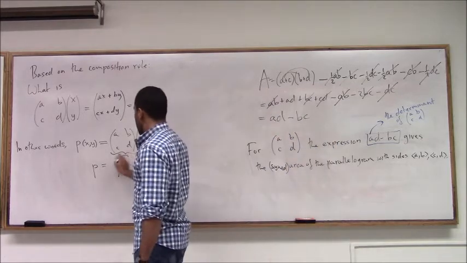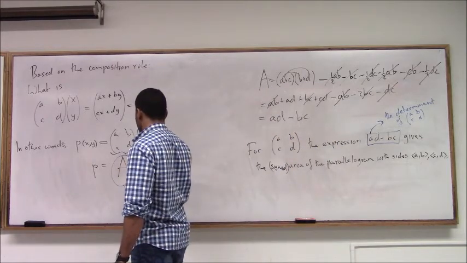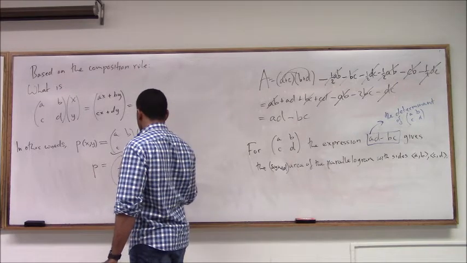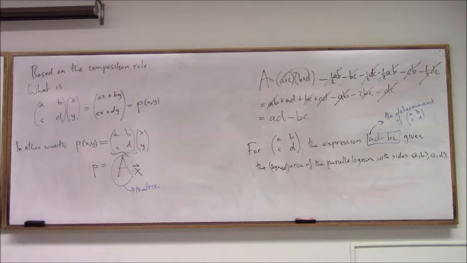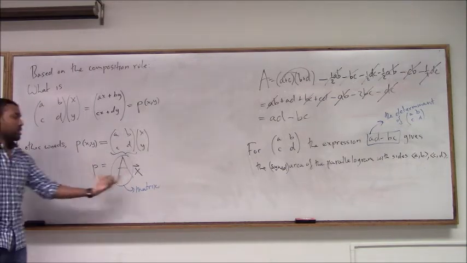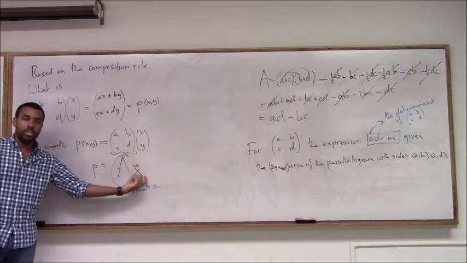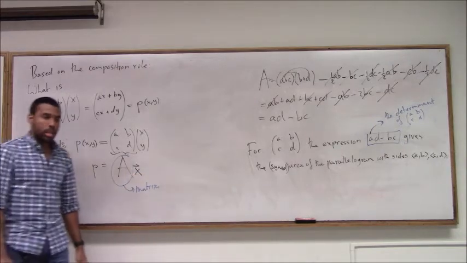So this object here is what we will call a matrix. And as you can see, a matrix can represent a function. In fact, I can write any linear function as a matrix times a vector that's describing the space that I'm working in.